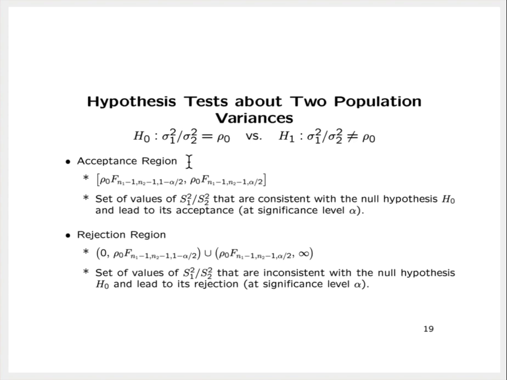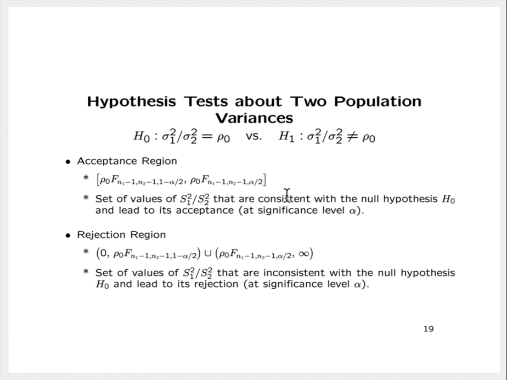Let me state it in terms of an acceptance region, which goes from this lower endpoint up to this upper endpoint. Notice again that the lower endpoint has this F value, which is the upper 1 minus alpha over 2 percentage point of the F distribution, and the upper endpoint is the upper alpha over 2 percentage point of the appropriate F distribution.